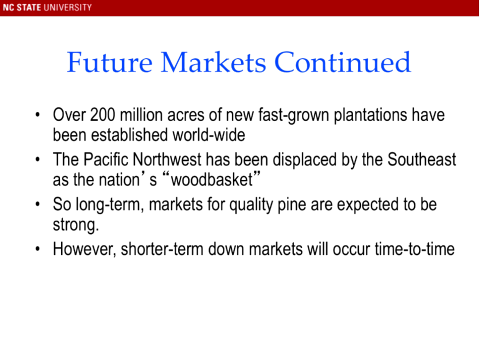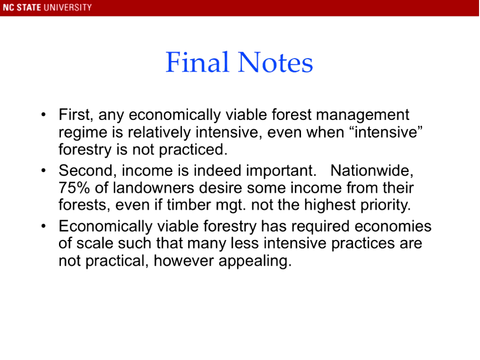Well, the very fast-grown, lesser quality trees are being grown at other places in the world, and when you factor that with the fact that the Pacific Northwest has been displaced and the Southeast has now become the nation's wood basket for higher quality trees, long-term markets for quality pine in the Southeast are expected to be strong, but there are shorter downturns that will occur and do occur from time to time.